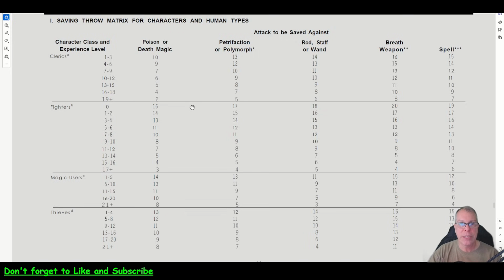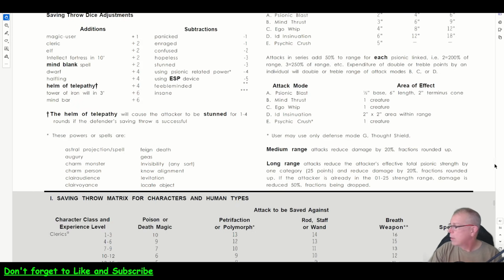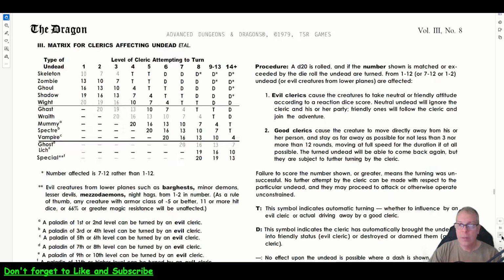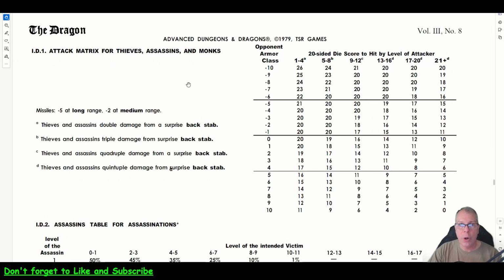This is all descending armor class, and we are no longer using that. We're using an ascending armor class now, where armor class 10 is no longer the lowest, that was like the worst armor class that you could have.